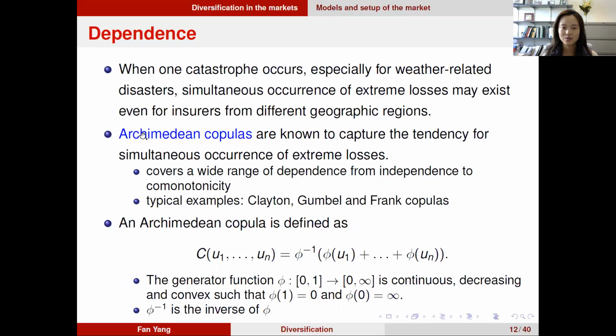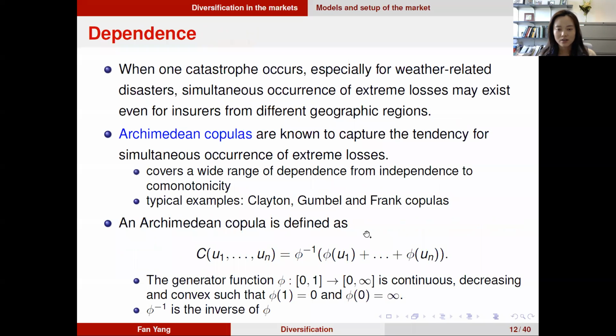Here in this work, we assume Archimedean copulas to capture the dependence. This class of copulas is known to capture tail dependence, especially for extreme losses. It covers a wide range of dependence from independence to comonotonicity. Independence is just everybody being independent, and comonotonic is the strongest dependence, where all the risks move in the same direction. Typical examples are Clayton, Gumbel, and Frank.